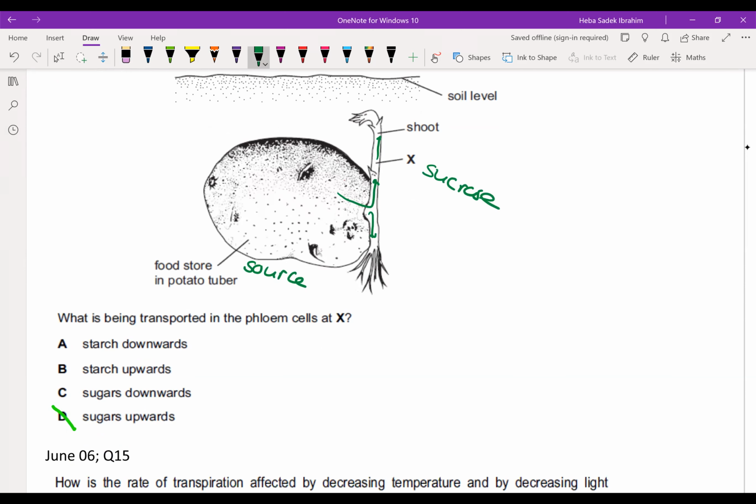Is the food starch or sugars? Sugar, of course, because starch is a large insoluble molecule. So here the answer is D.